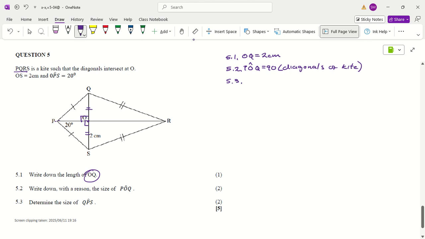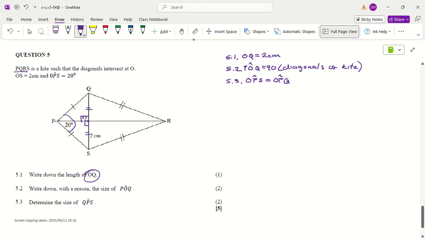5.3, we have write down the size of QPS. So from Q to P to S. So this big angle here. So what we can do, we can say that the angle OPS is equal to OPQ, from O to P to S. And why?